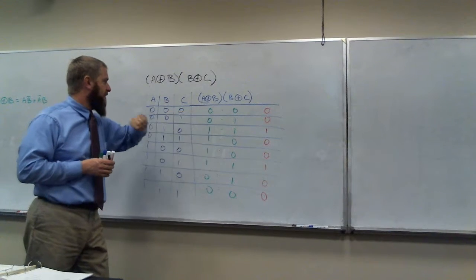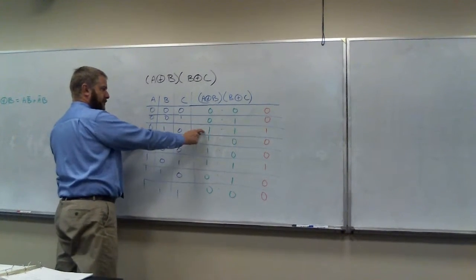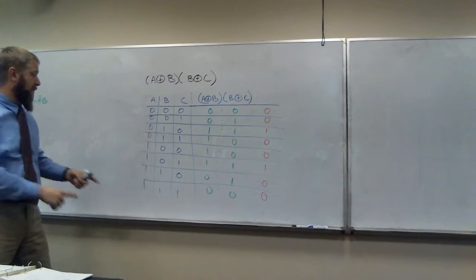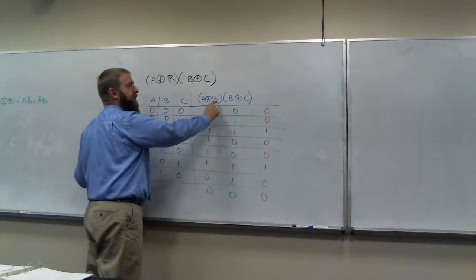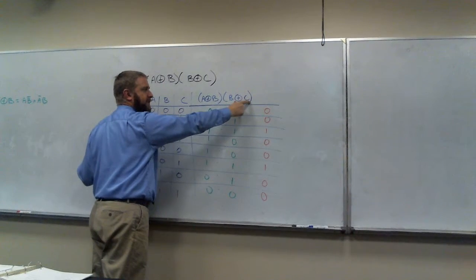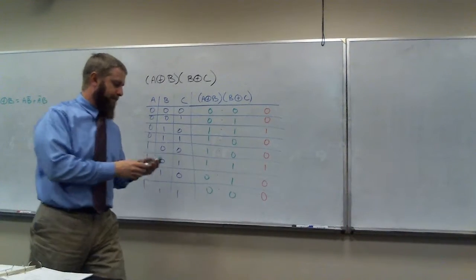If they're the same, false; opposite, true. Odd number of ones, true. Even number of ones, false. So it's just looking at A XOR B first, B XOR C separately, and then I'm ANDing those together.